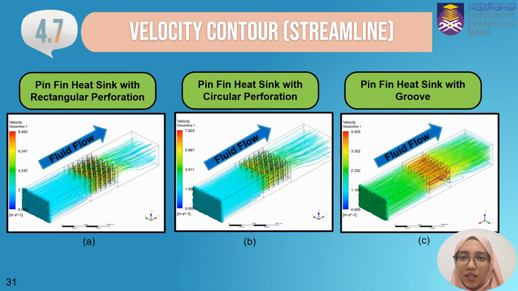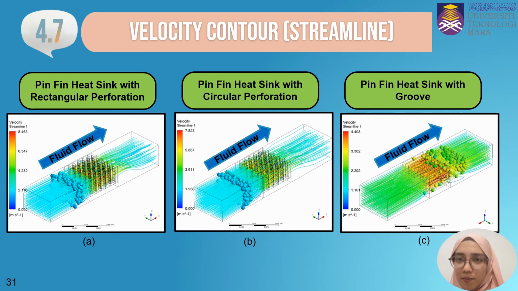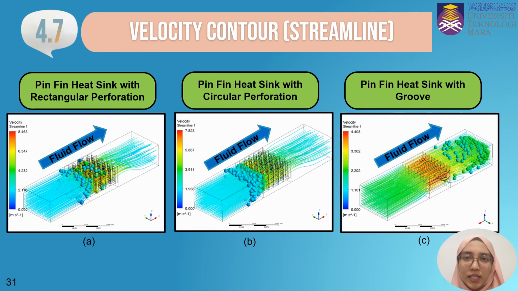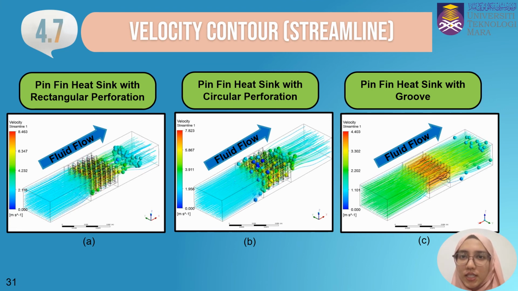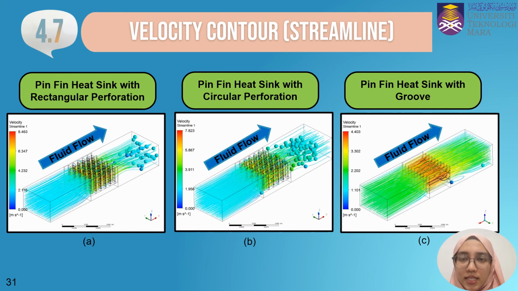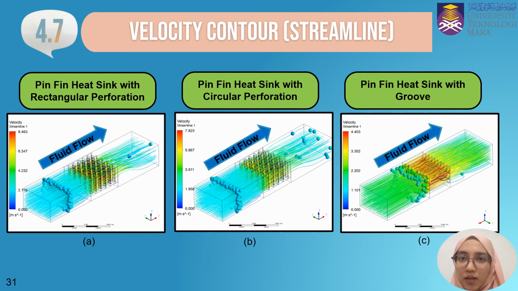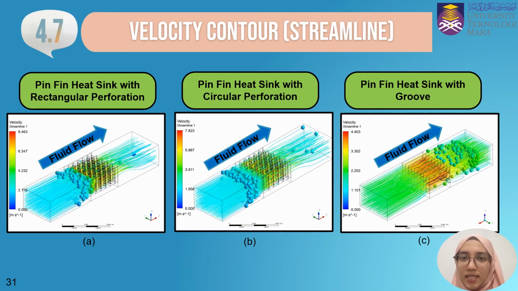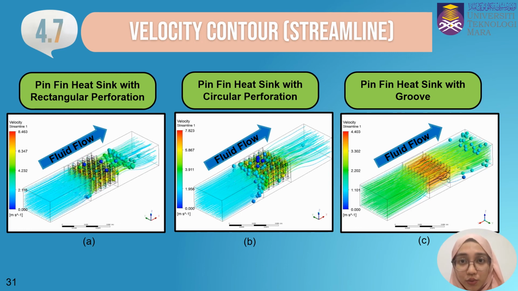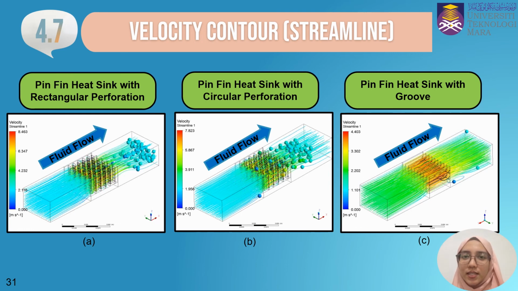This is the velocity contour in streamline pattern. From figure A to C, we visualize the streamline pattern of the velocity profile for each heatsink design. This simulation is to observe the air movement through the heatsink, where the air will flow around the resistance, which is the pin fin, to seek a path without resistance.